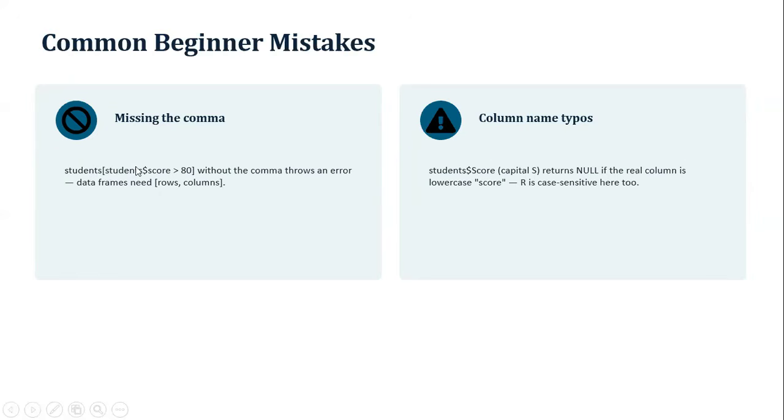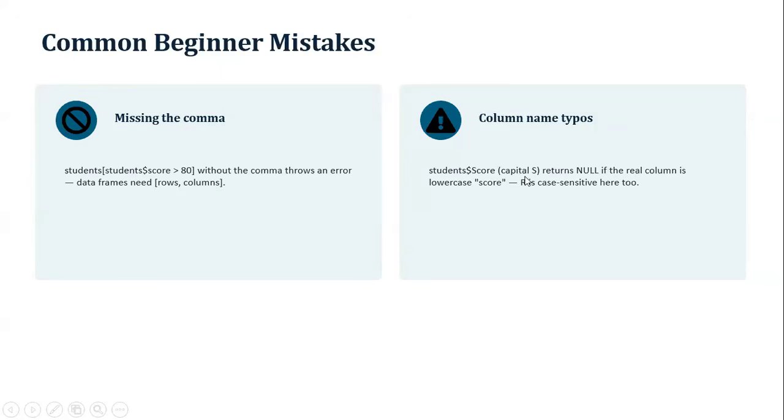Two mistakes that catch almost everyone early on. First, forgetting the comma. students[students$score > 80] without the comma throws an error, because a data frame needs, in brackets, rows, comma, columns. The comma matters.